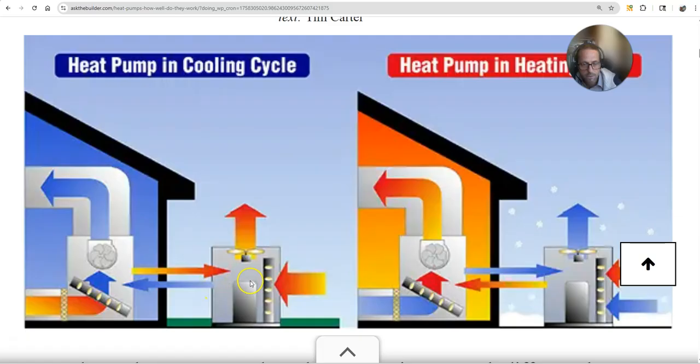Here's your condenser outside, so it condenses and dumps that heat back out, and goes back in through the other refrigerant line. Then again, that refrigerant pulls heat, goes outside, dumps heat, goes in, pulls heat, goes outside, dumps heat. So that's what an HVAC system does.